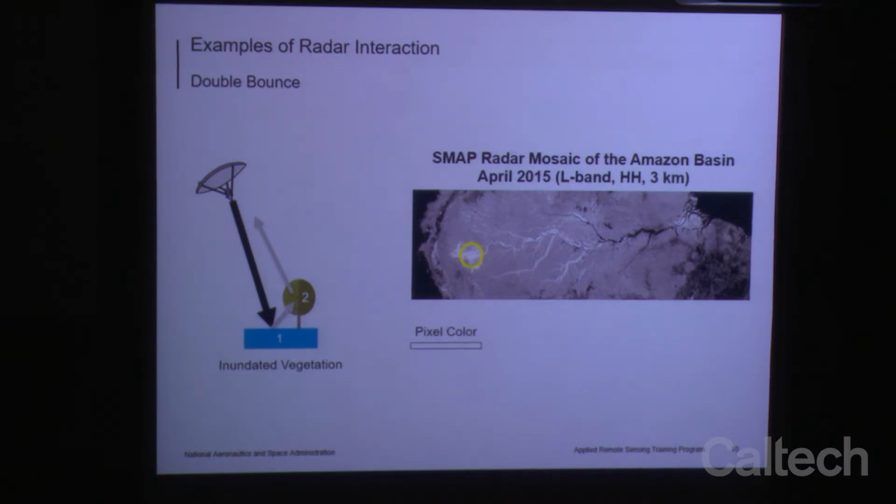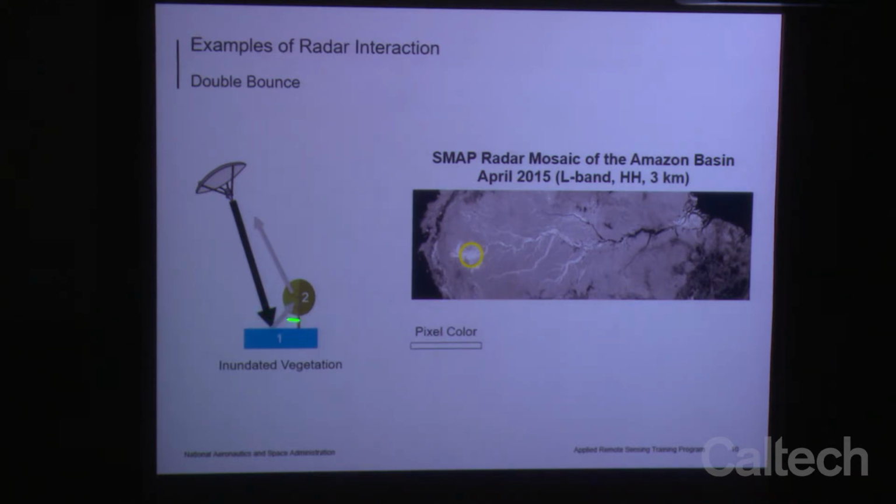Since the radar has a long wavelength, it interacts with the scattering medium depending on the size of the wavelength and scatterer relationship. I'll talk a little bit more about that in a few minutes.